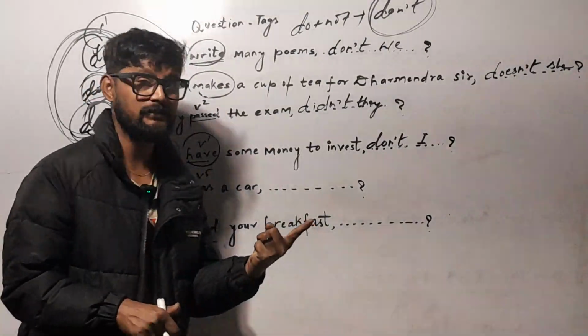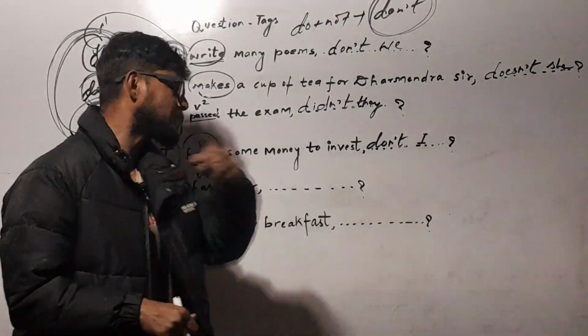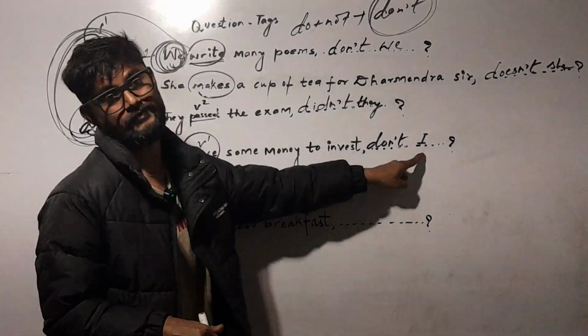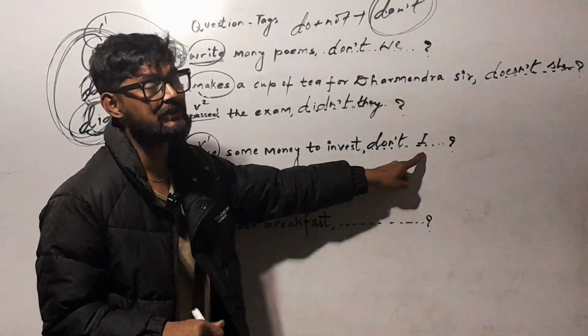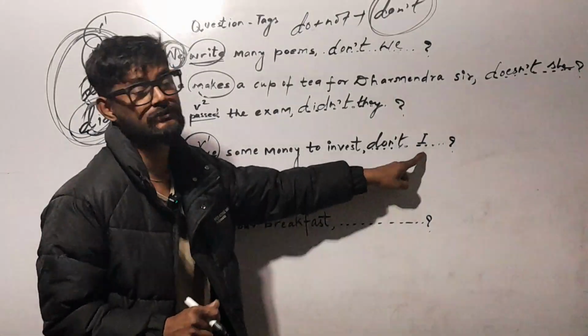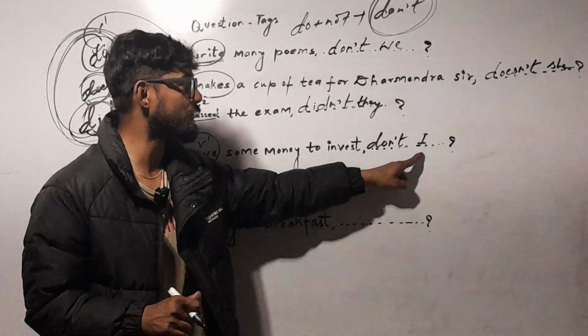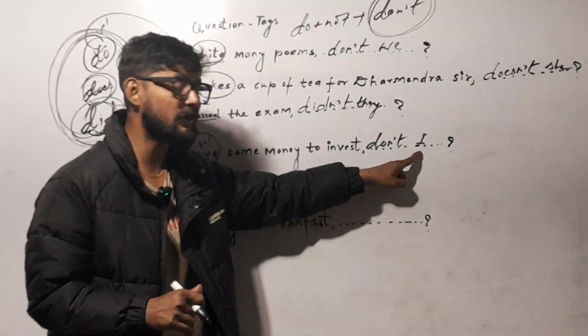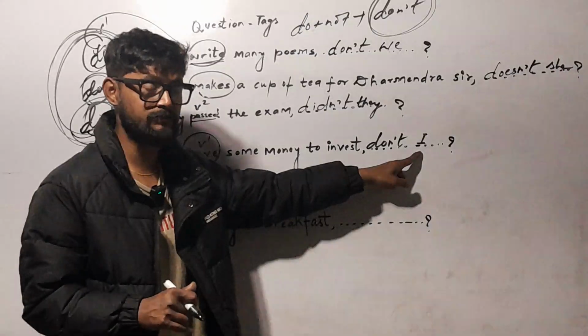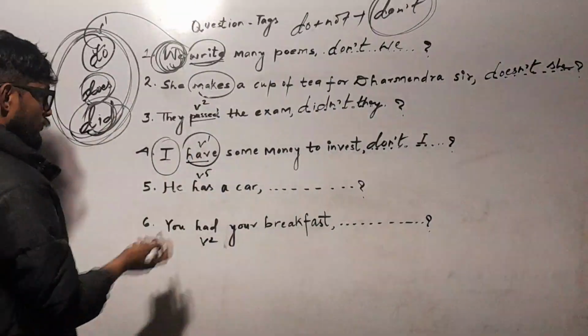Wherever you write single I, we must use capital I there. We must remember that. No matter where it falls in the sentences, that does not matter. So, don't I.